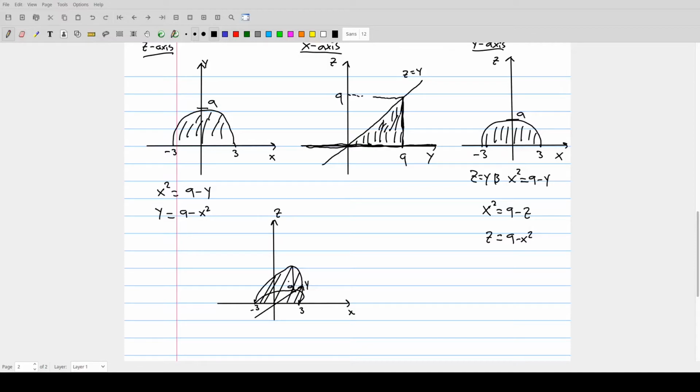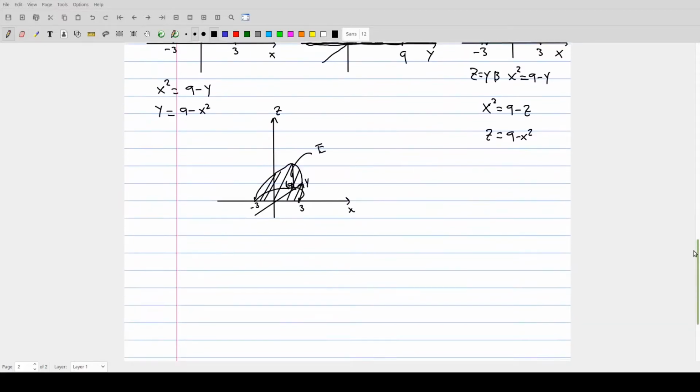So all of the volume contained inside here is our region E.